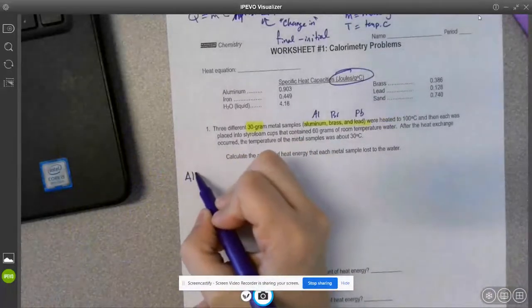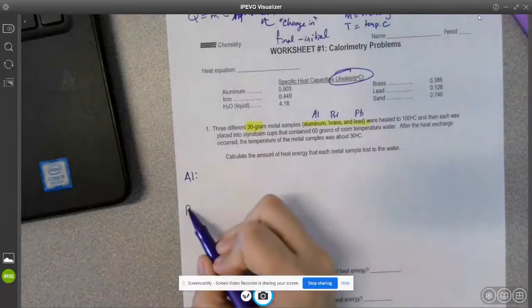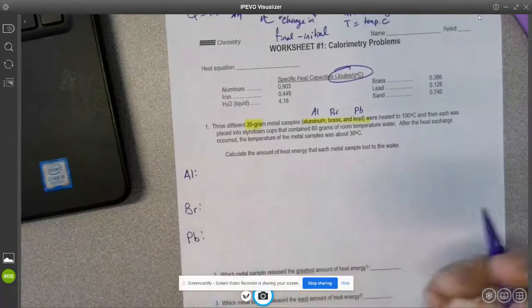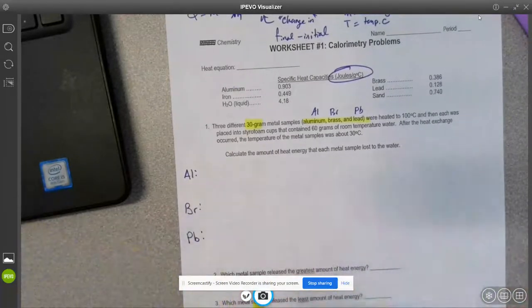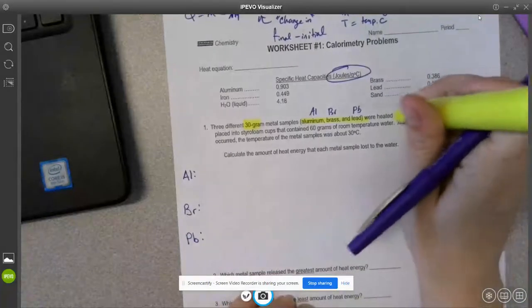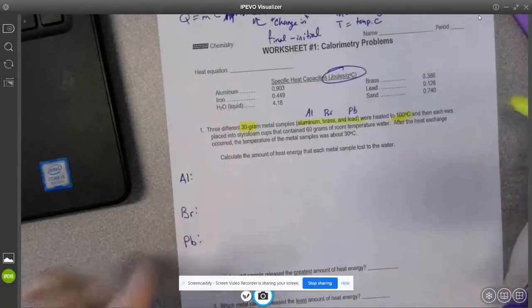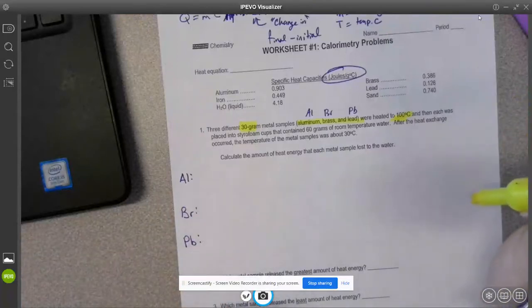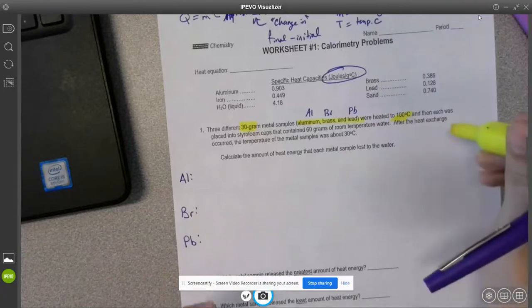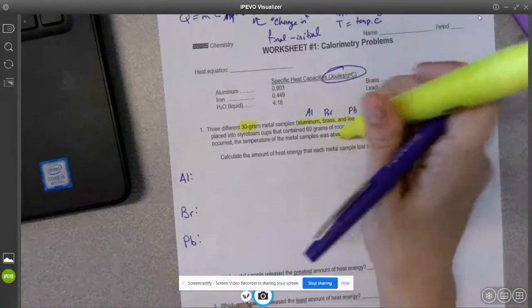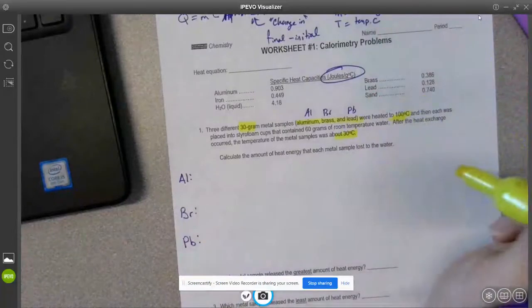But we have three metals: aluminum, brass, and lead. They were heated up to 100 degrees Celsius, and then each was placed into a styrofoam cup that contained 60 grams of room temperature water. After the heat exchange occurred, the temperature of metal samples was about 30 degrees Celsius.